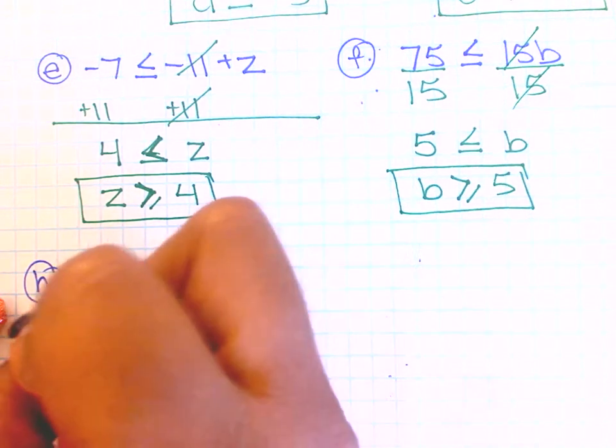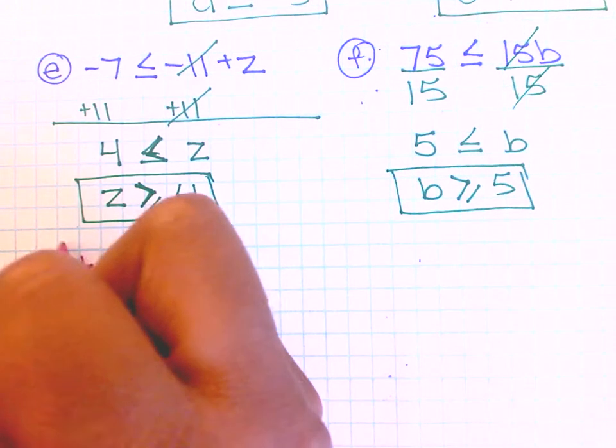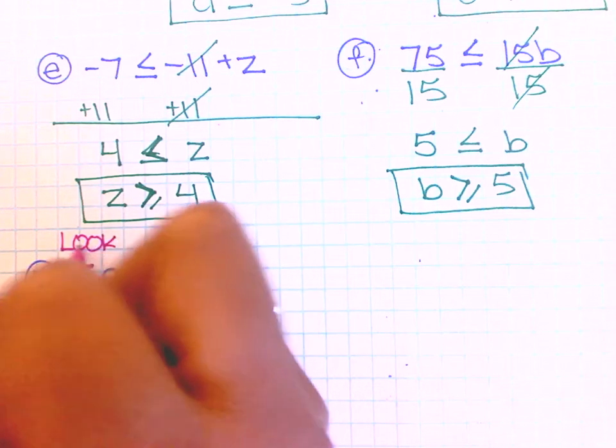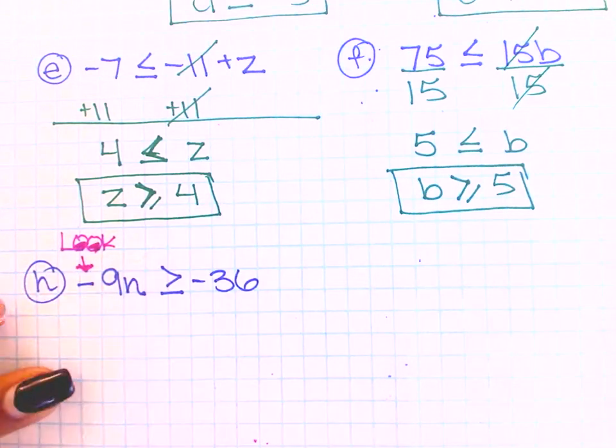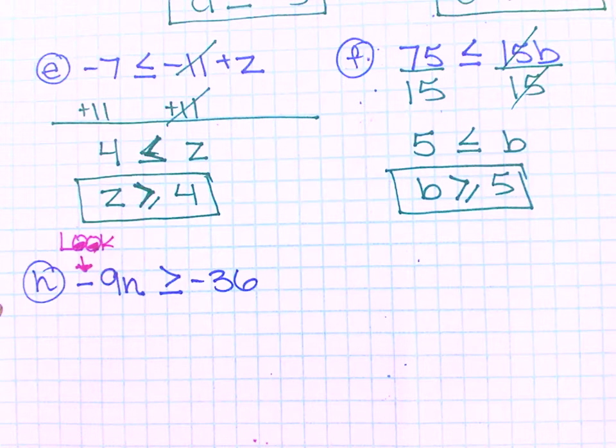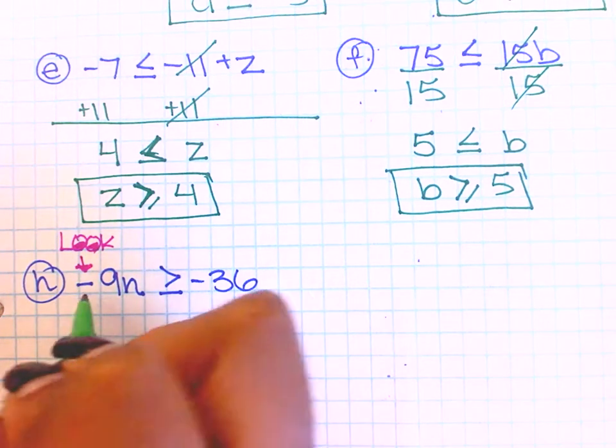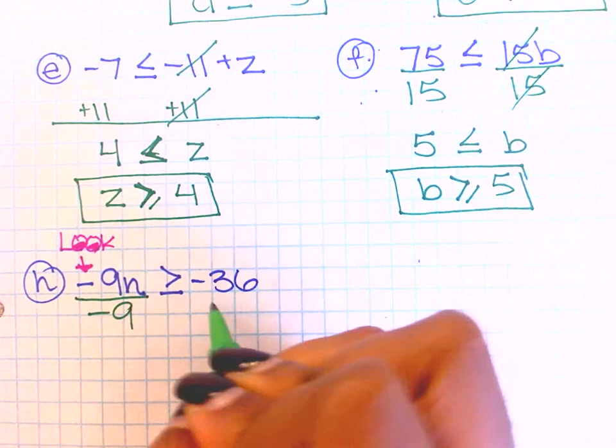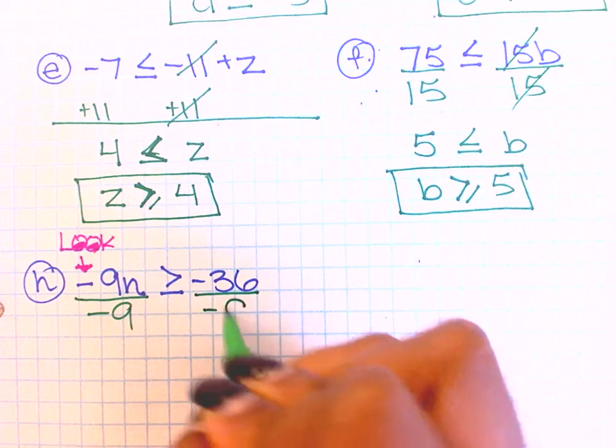So I want you to draw a little arrow right here and say look, and put eyes in your look. I know that to get n by itself, I'm going to have to divide by a negative, which is less than 0. So that means my sign needs to be reversed. So to get n by itself, I'm dividing by negative 9, which is less than 0.